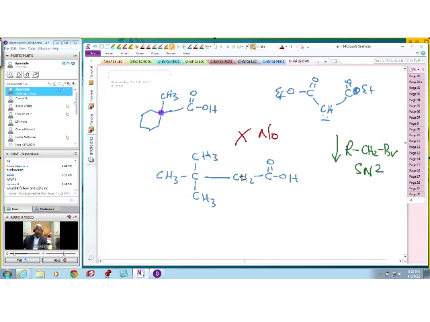So therefore, if you look at this molecule here, and you want to generate your enolate anion here, then as an alkylating agent, you have to use this right here.